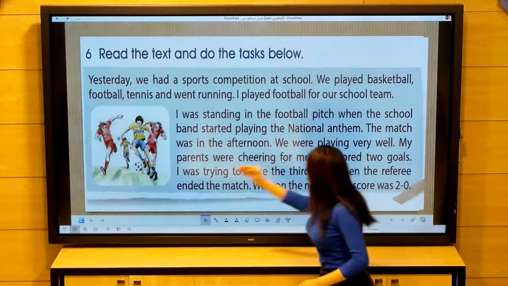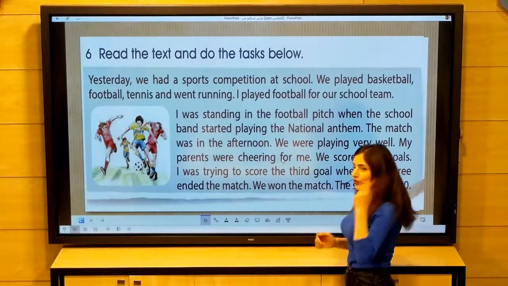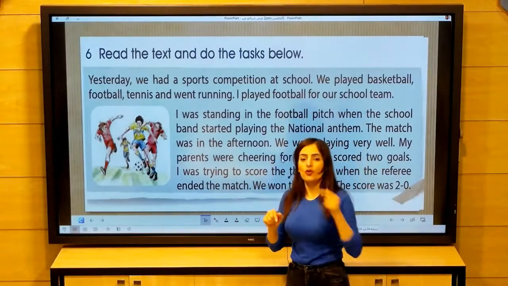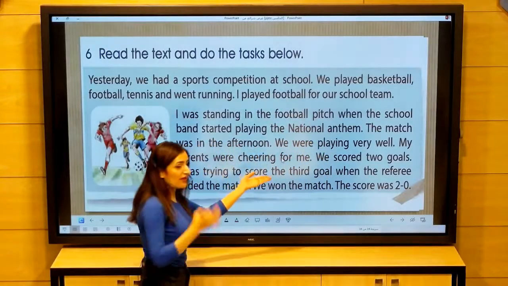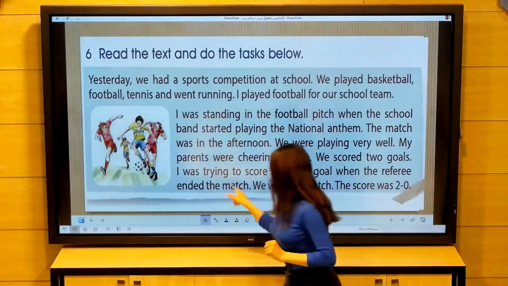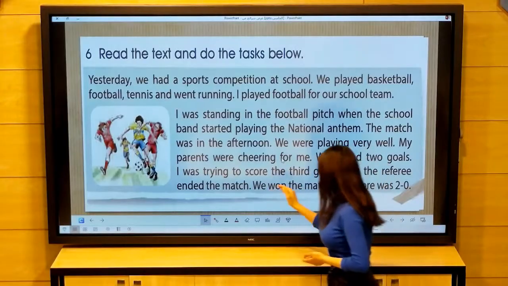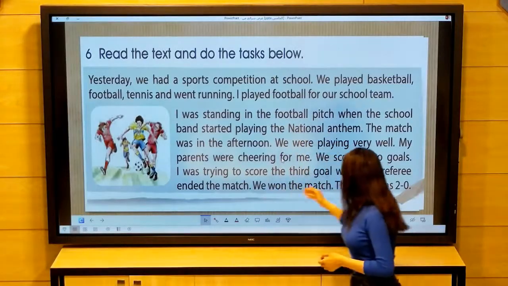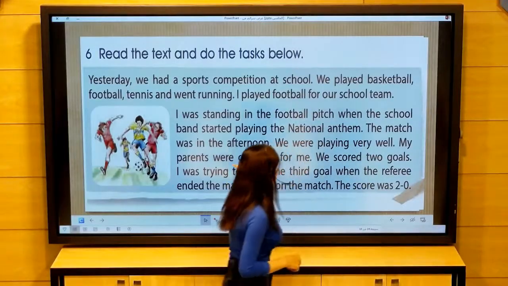My parents were cheering for me. We scored 2 goals. The score was 2 goals. I was trying to score the third goal when the referee ended the match. We won the match. The score was 2-0.